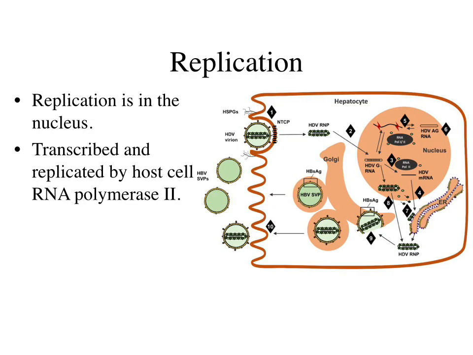HDV entry is modulated by the hepatitis B surface proteins in its envelope, and of course it has to use the same receptors as hepatitis B virus. The viral RNP is then transported to the nucleus where it releases the viral genome that serves as template to transcription of HDV messenger RNA, from which the HDV antigens are translated.